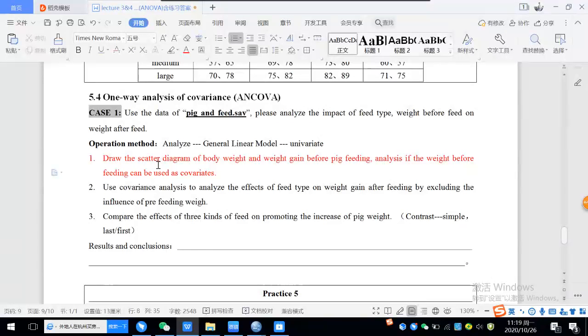After we draw the scatter diagram of the weight before and after pig feeding, the weight before feeding can be used as a covariate.